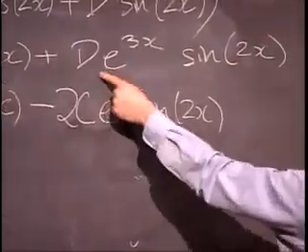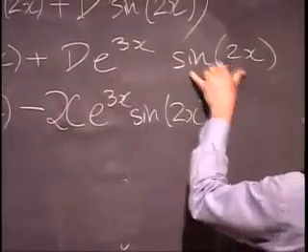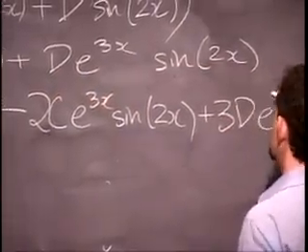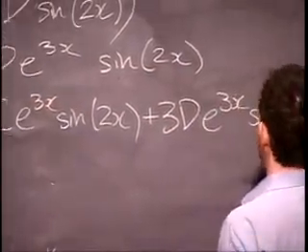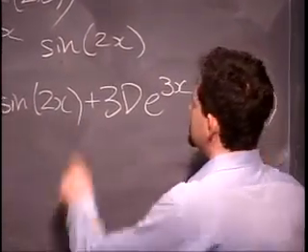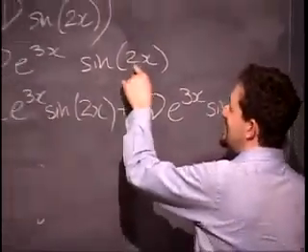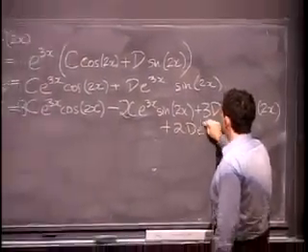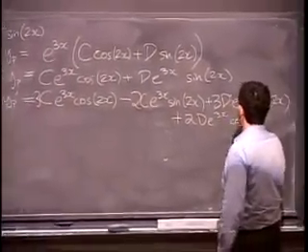And then on this term, we'll get, again, 3D e to the 3x sine 2x. And there'll be one more term from the derivative of the sine. That's going to be 2 cosine. So it's 2D e to the 3x cosine 2x.